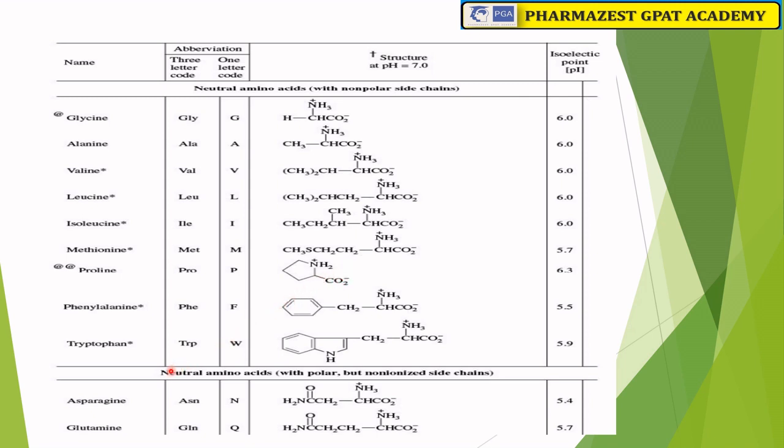These are the important amino acids. These are neutral amino acids with polar but unionized side chains, and neutral amino acids with non-polar side chains. The important amino acids are glycine, alanine, valine, leucine, isoleucine, methionine, proline, phenylalanine, and tryptophan. Next, these are asparagine and glutamine.